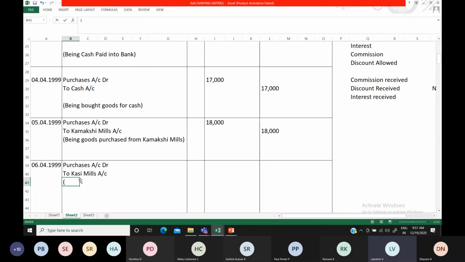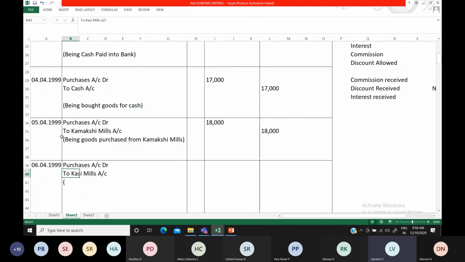If the same date occurs, what we have to do is club Kasi Mills together and pass the entry. Okay? Sometimes, on the same date, if we are going to debit the same account, then we can club even two accounts and pass the journal entry as a combined entry. If on the same date purchases have been made, then instead of posting separately, you can write it over to the Kasi Mills account.